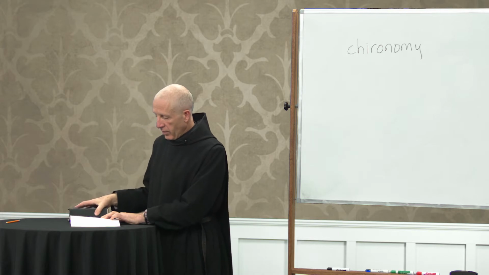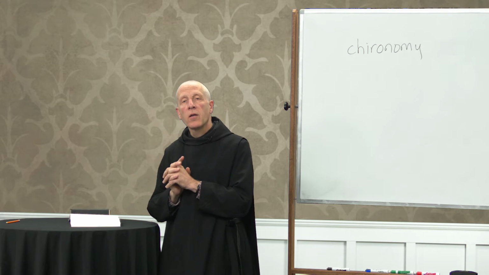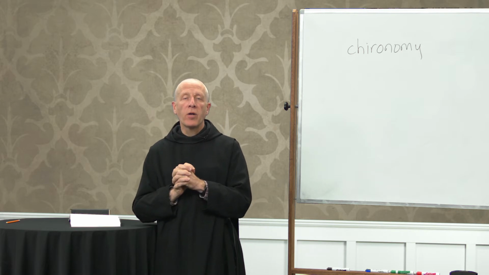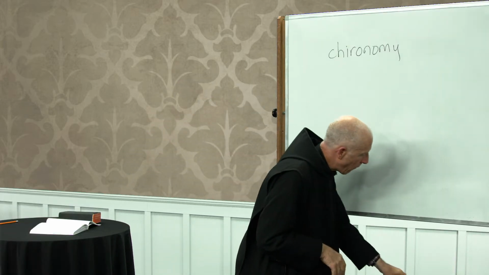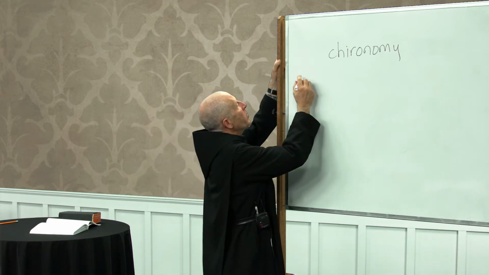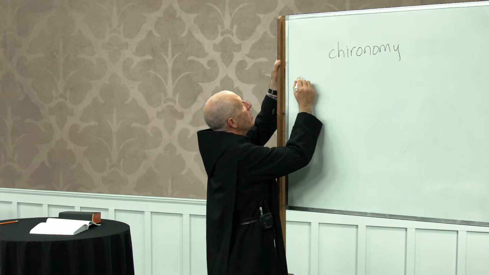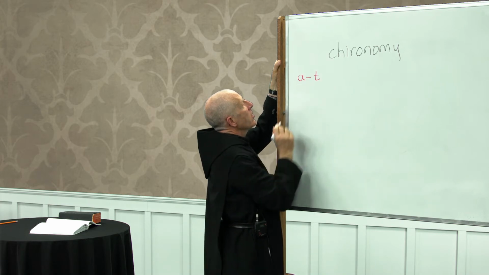Now, we have to go back to the board and address a few problems about linking arsis and thesis together. So, logically speaking, we have to be able to link an arsis to a thesis.